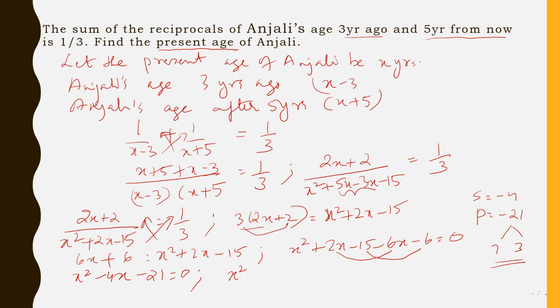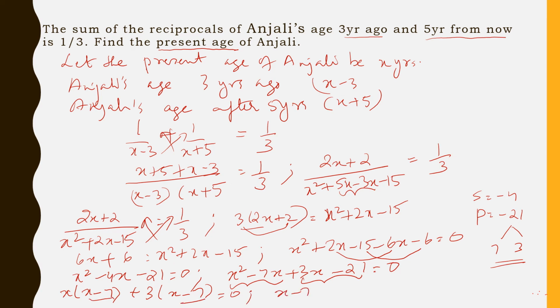So x square, instead of minus 4x I can write minus 7x plus 3x minus 21 equal to 0. So from the first two terms we can take x as common factor. So x into x minus 7 plus, from the next two terms we can take 3 as common factor. So again you will get x minus 7 equal to 0. So x minus 7 is a common factor.